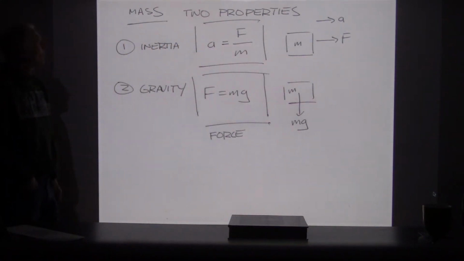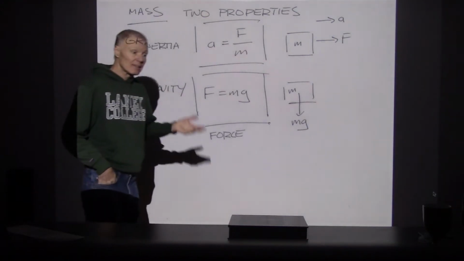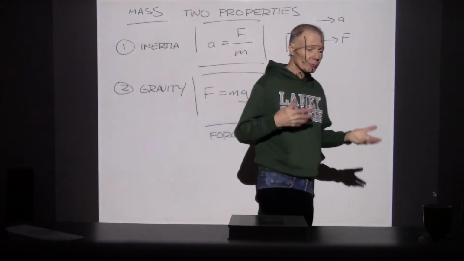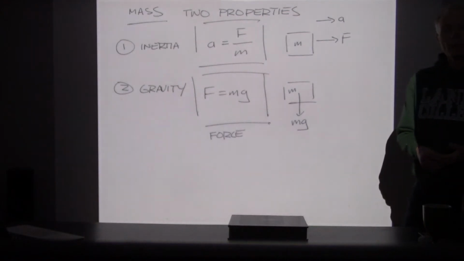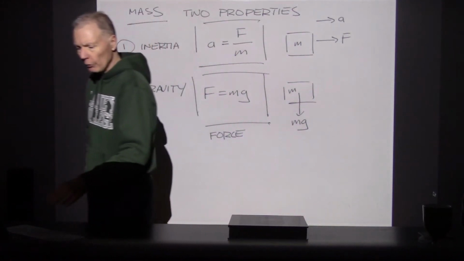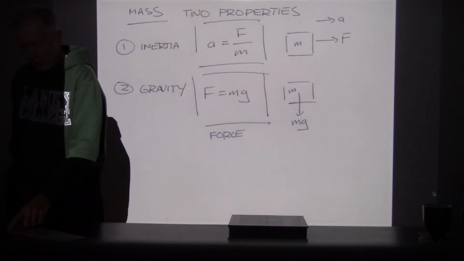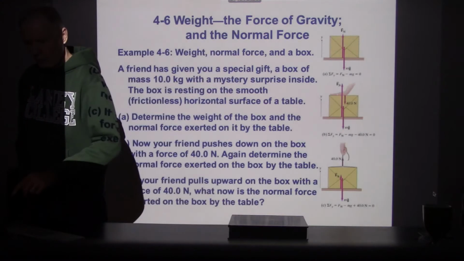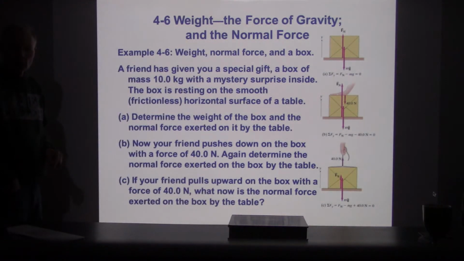It's still kind of a mystery exactly why these two masses are identical, but it provided the starting point for Albert Einstein to develop the general theory of relativity. This has been something physicists have wondered about for hundreds of years, and anyway, we'll move on from that. I'll try and point out those two properties.